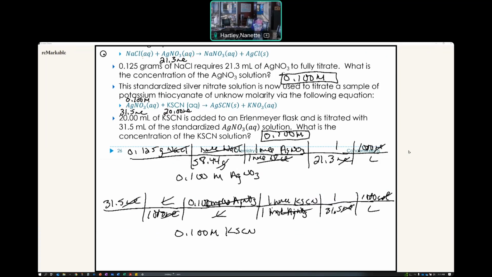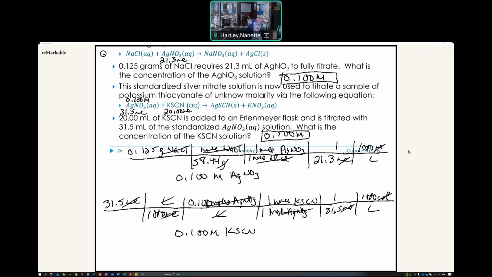So that gets me to moles of AgNO3. If I divide by the volume of that solution, 21.3 milliliters of AgNO3 used in this reaction, converting from milliliters to liters, that gets me 0.100 molar AgNO3. I got an answer, and I report that: 0.100 molar AgNO3.